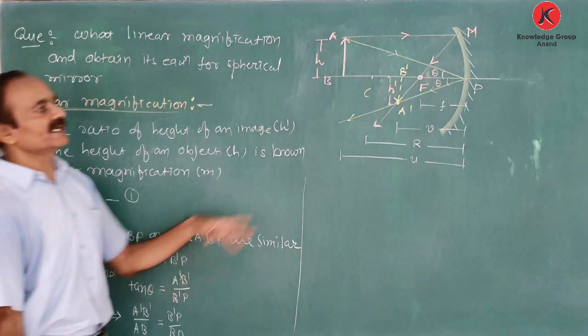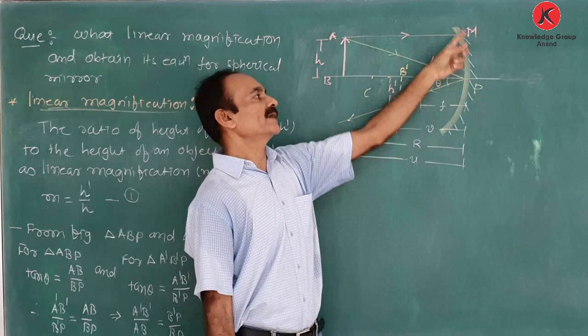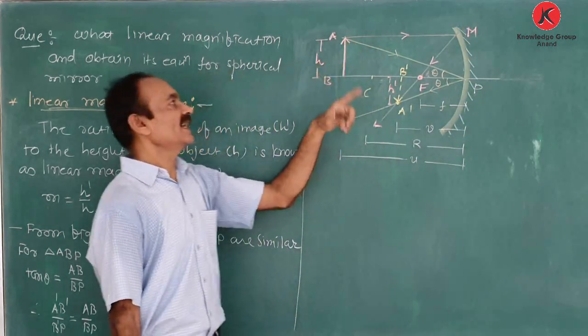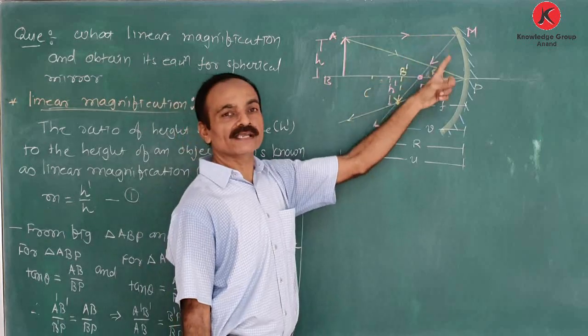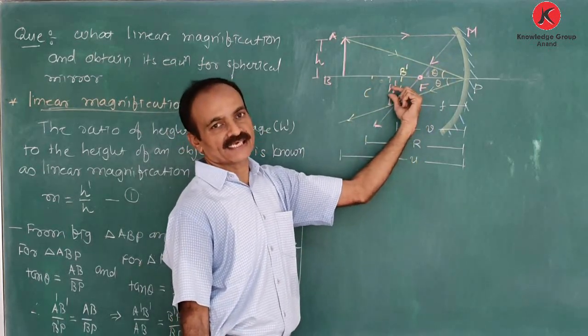How do we obtain this equation? For that purpose, the figure is the same as earlier, for a concave mirror. AB is the linear object with height H, and its image formed by the concave mirror is A'B', with height H'.